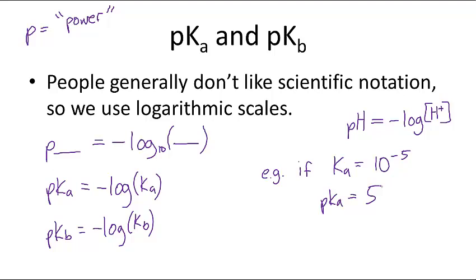One property of logs that's helpful: we know that Ka times Kb equals Kw for a conjugate pair. If we're using pKa and pKb, we just turn multiplication into addition.